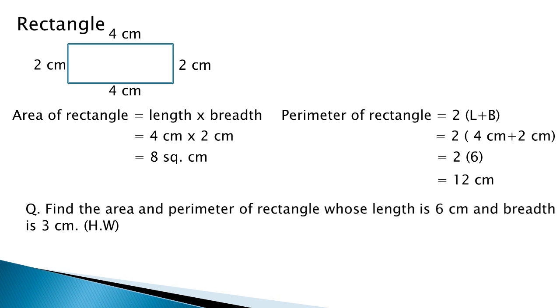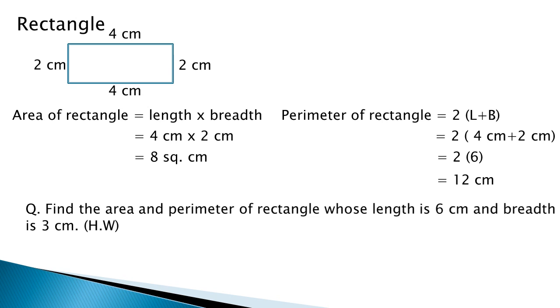Now how did 2 come here? Can you guess? Okay, I'll tell you. 2 is nothing but 2 times length and 2 times breadth. 2 times length means 4 centimeter and 4 centimeter, and 2 times breadth means 2 centimeter and 2 centimeter.